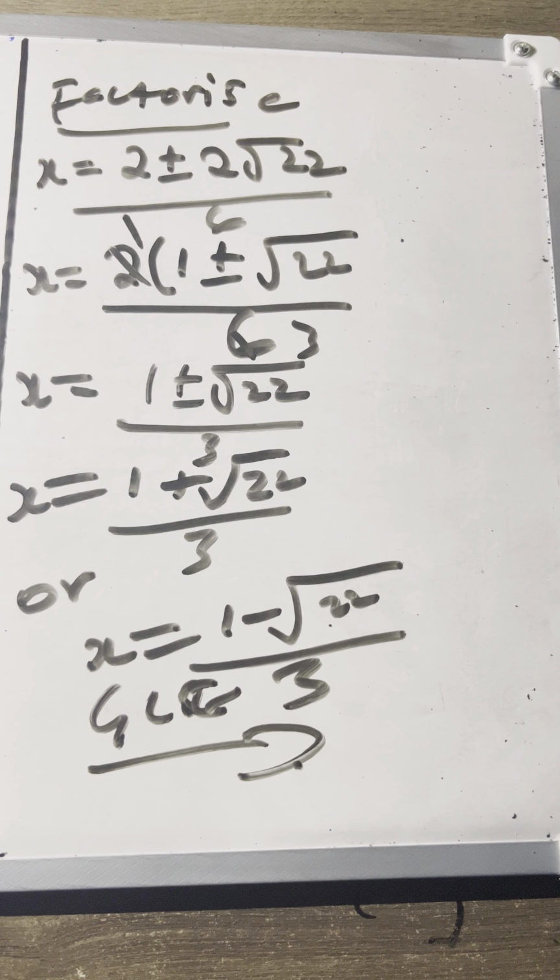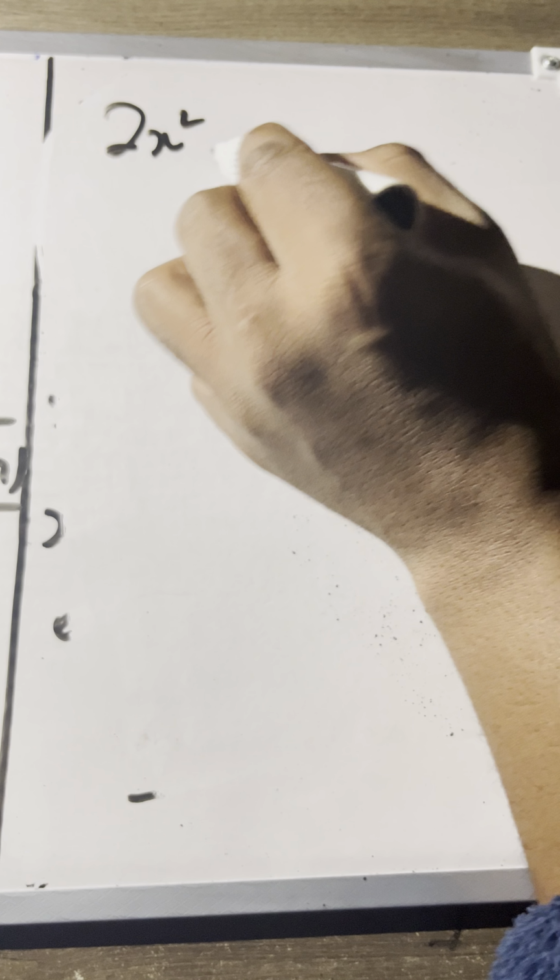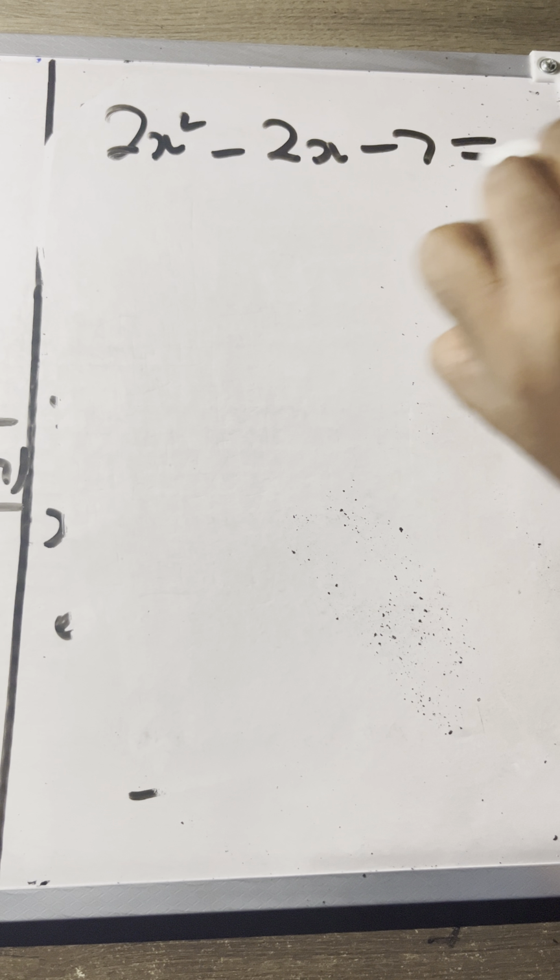This is the simplest method. When you cannot factorize, when you cannot have factors, you use this. Remember we had 2x squared minus 2x minus 7 is equal to 0.